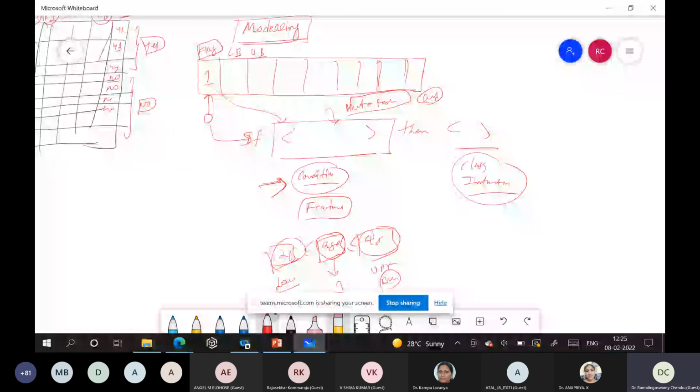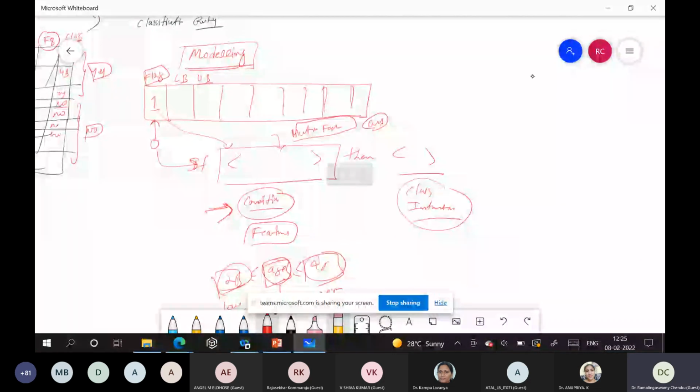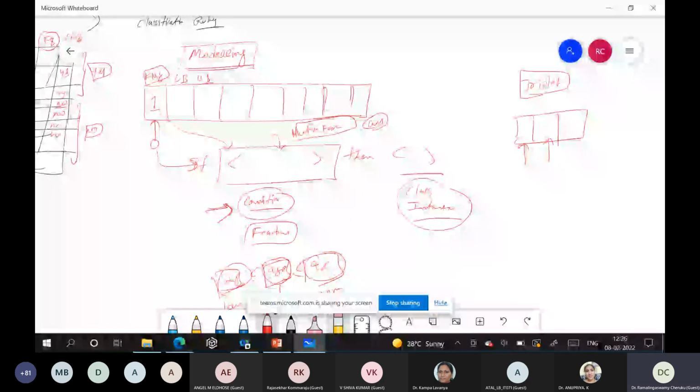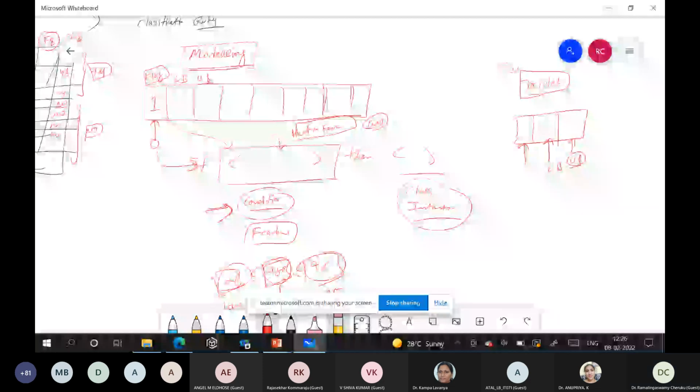It means that every feature is represented in the encoding as a triplet. If you are representing every feature as a triplet, the first field is the flag, this is the lower bound, and this is the upper bound of that feature. So once you represent every feature as a triplet, the same thing you can interpret in the if part.